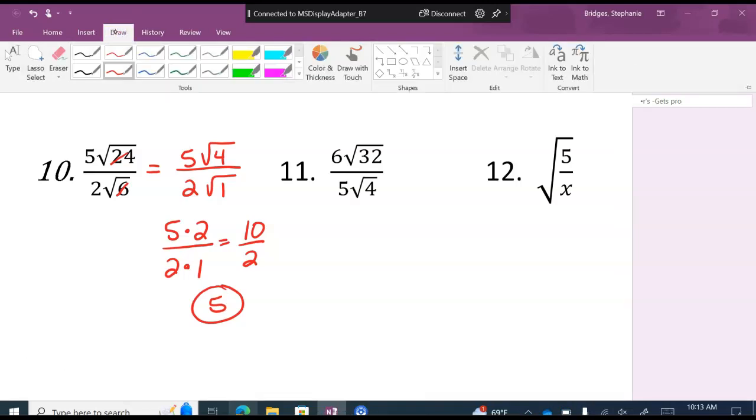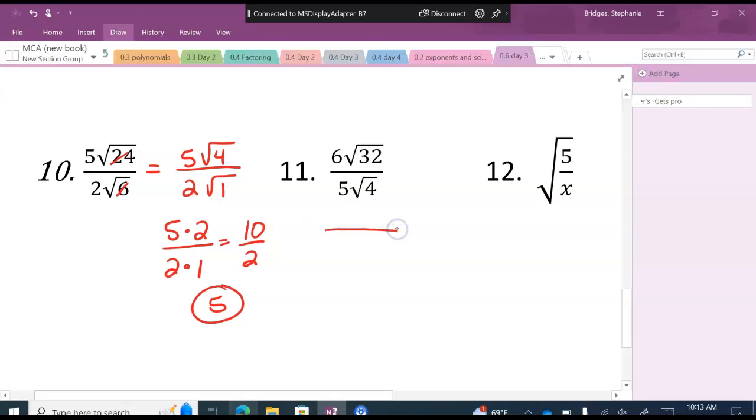The numbers that are not under the radical, 6 and 5, do they have anything in common? No. And 32 and 4 can both divide by 4, so that's going to give me the square root of 8 over the square root of 1, right? All right, so is 8 a perfect square?